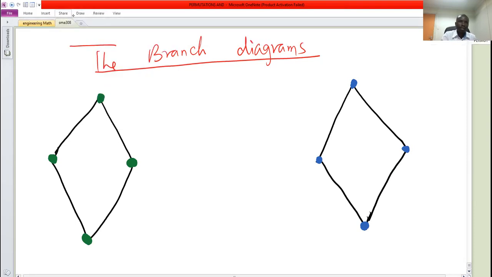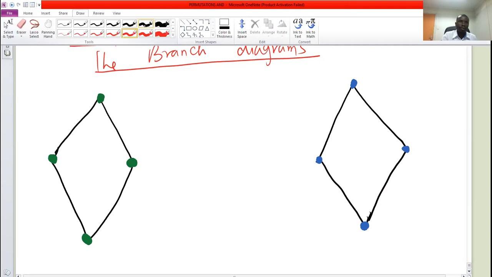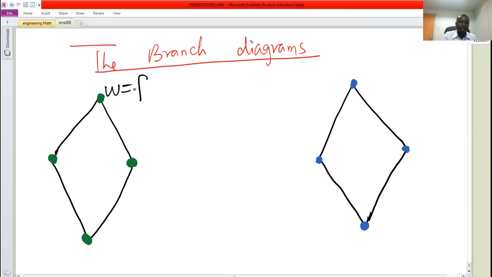So this is where I have our W, which is a function of X and Y. And then this way I have the X, this way I have the Y, this way I have the X, this way I have the Y. And here is where I have the R, and here is where I have the S.